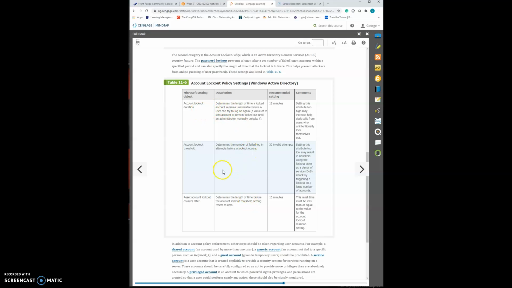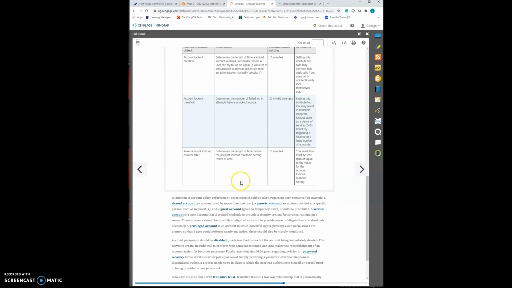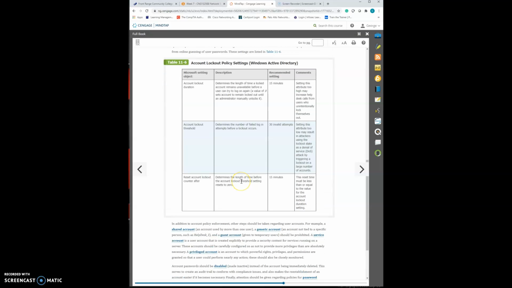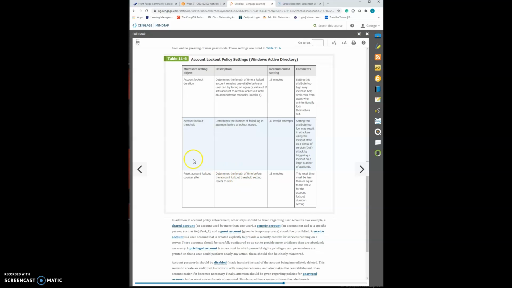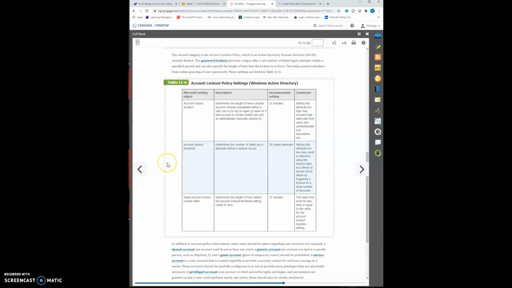Account lockout duration, account threshold, reset account lockout after a counter. All things that can be done with Active Directory. If you haven't learned much about Active Directory yet, don't worry. It's a topic in a server course.